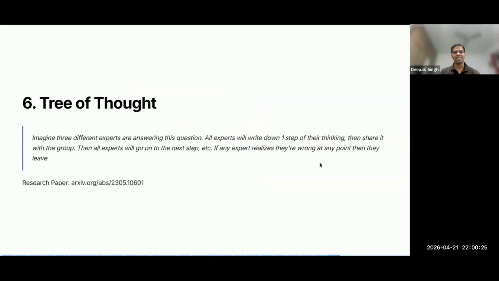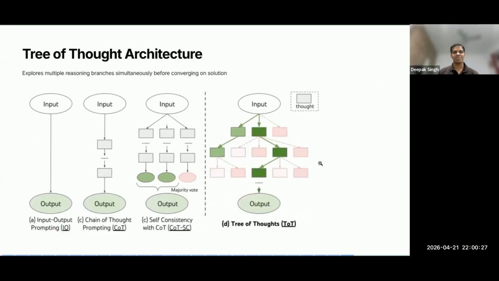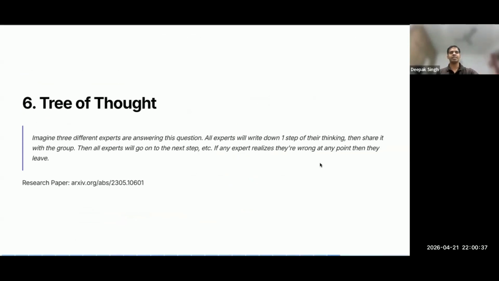And at different points, if somebody does not agree, discard that. So it's basically 3 different experts answering the question. All experts will write down step 1 of their thinking, then share it with the group. Then they will go to the next step and so on. And if any expert realizes they are wrong at any point, they leave.